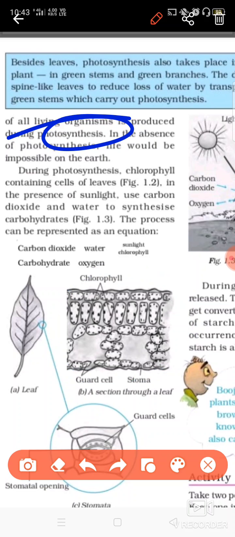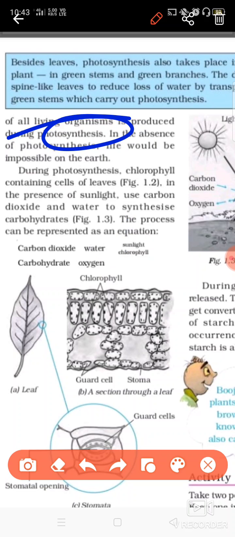These blocks which you are seeing are actually the cells of the leaf. These cells have a pigment which is known as chlorophyll, and I told you that chlorophyll is the substance that absorbs the sunlight.